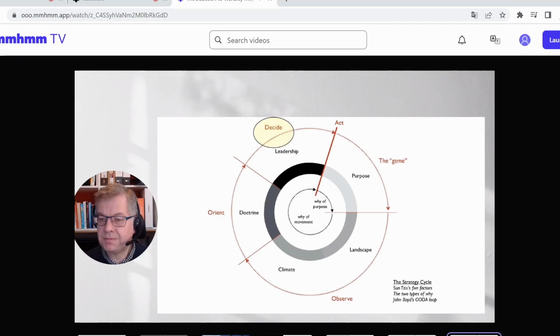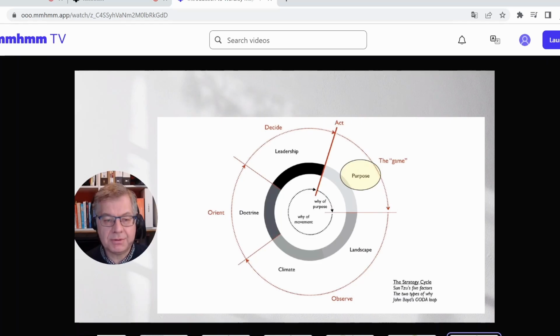And then next, a decision is made. Which of the options do you act upon? And then you act, and depending on the outcome of the action you now made, you're testing a hypothesis, right? And depending on the outcome of the action, now you have a new situation to observe, and the cycle starts over again.